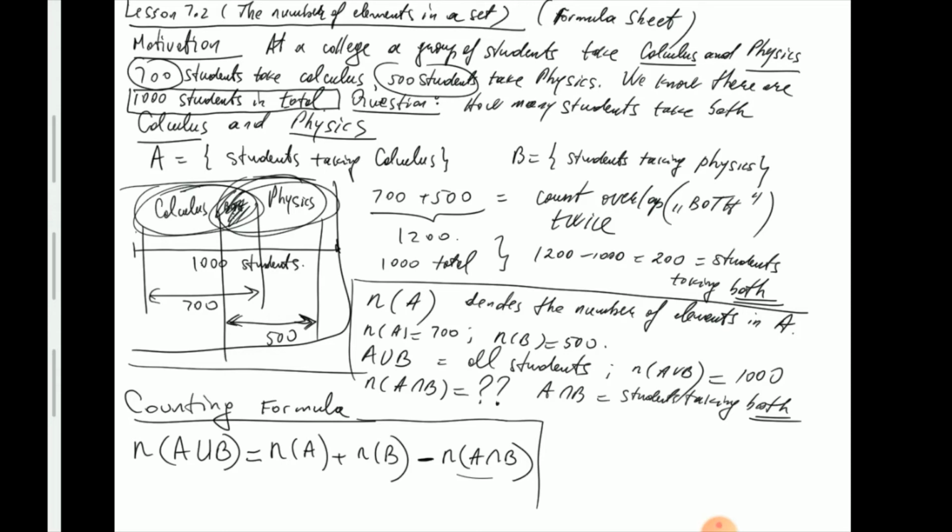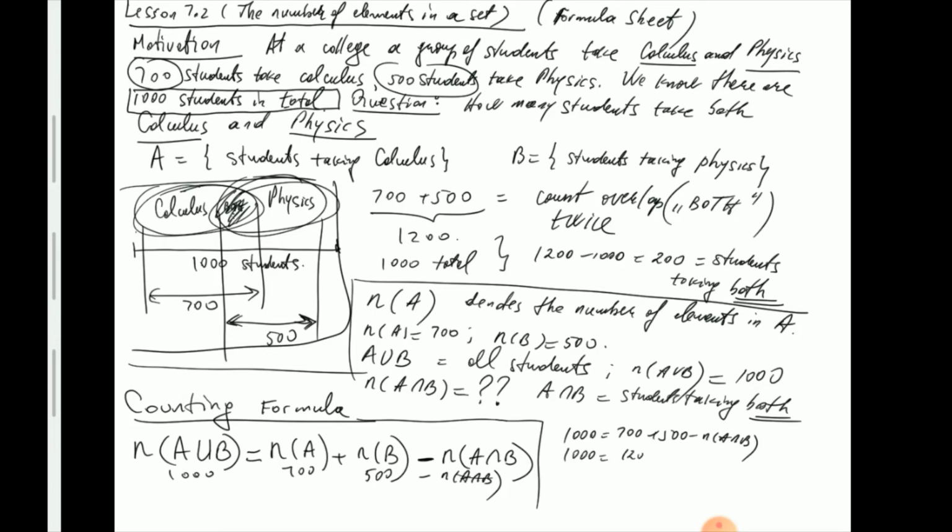So this is what we did in this case. Basically, we solved the problem by replacing n of A union B with 1,000, because we knew that there are 1,000 students in total, 700 taking calculus, 500 taking physics, and we simply solve for the number of elements in the intersection like we solve any equation, right?